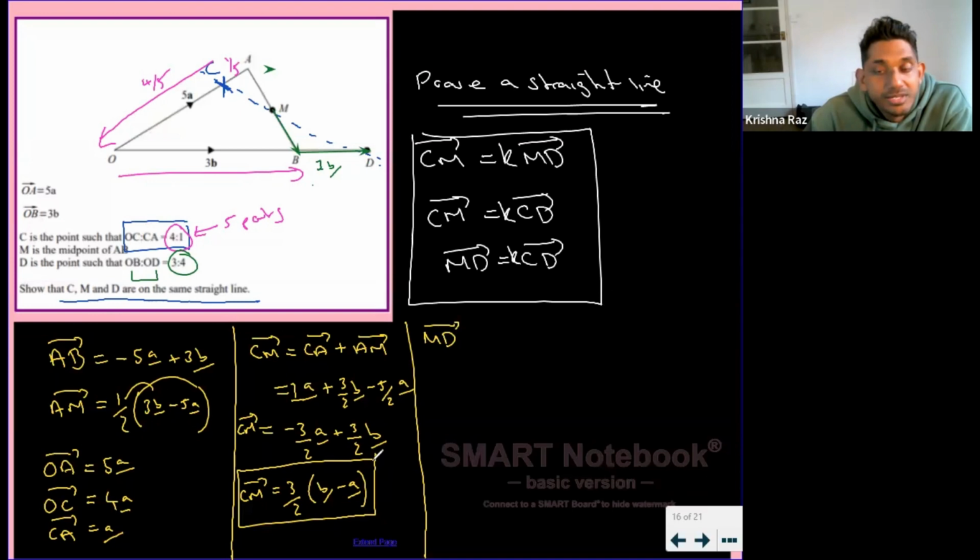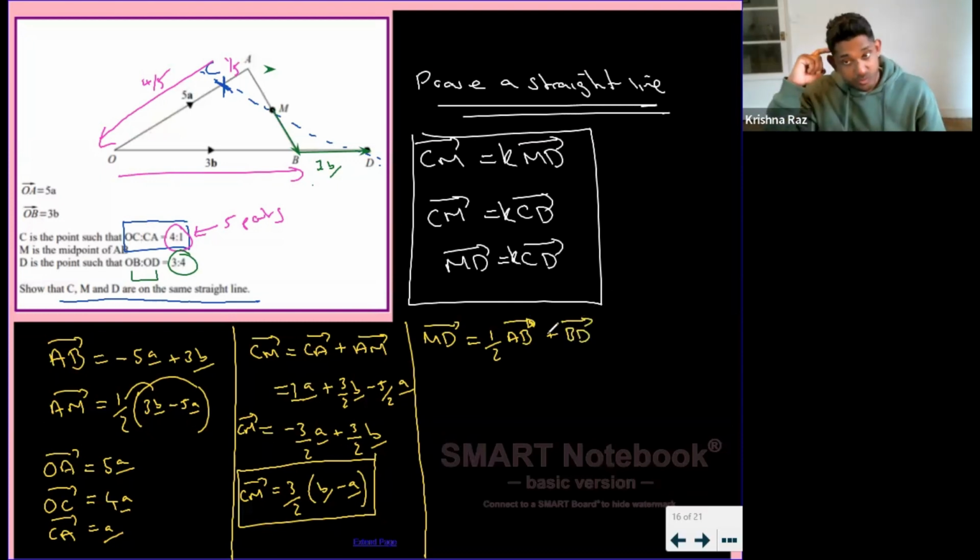So MD is a half of AB plus BD. I'd always advise you to write it out like this if you're working an exam, because it makes your work easy to mark and less error prone.